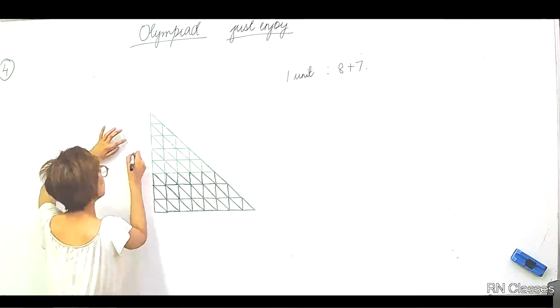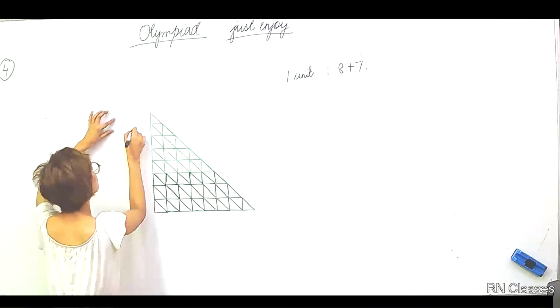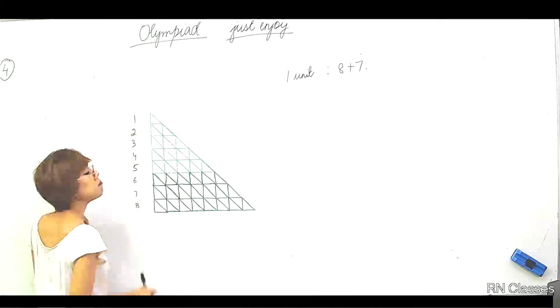Absolutely right. Here 4, here 3, यहाँ पे 2, and then the tiny one, just 1.